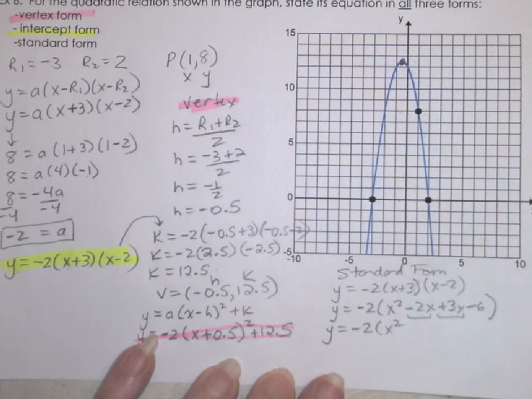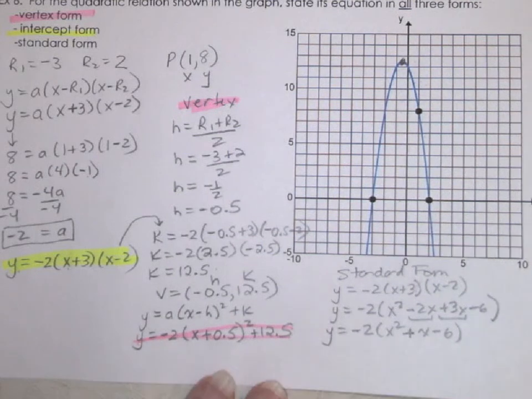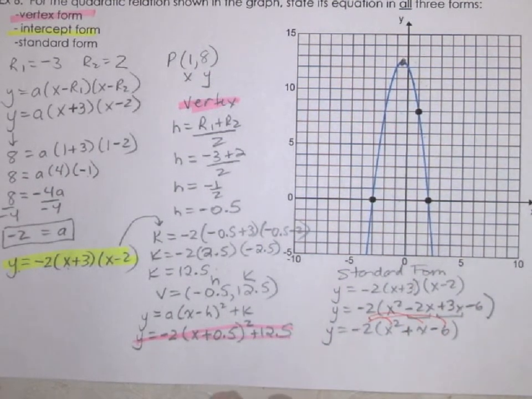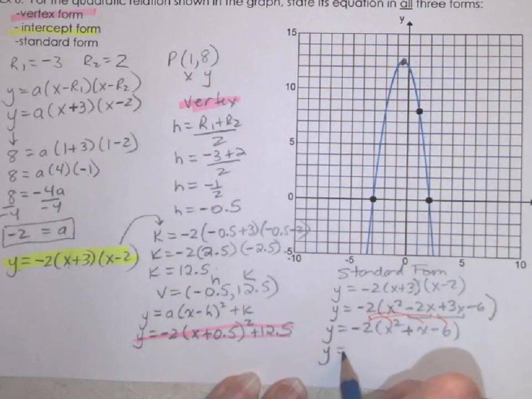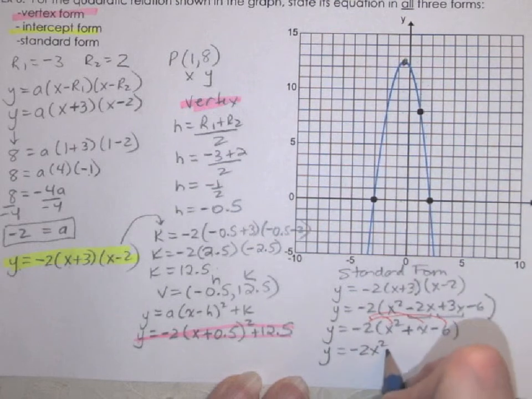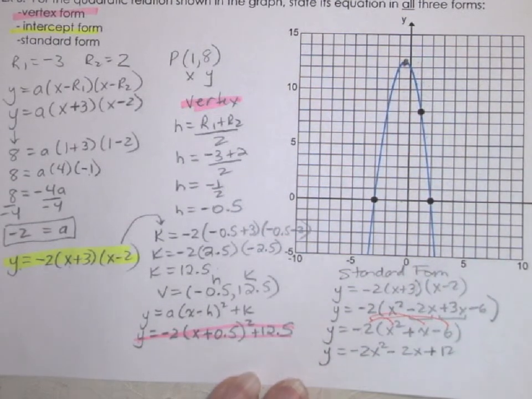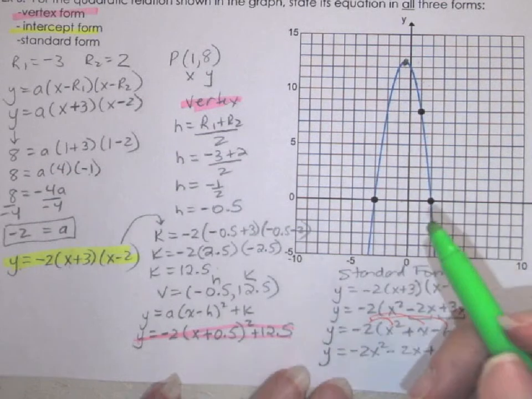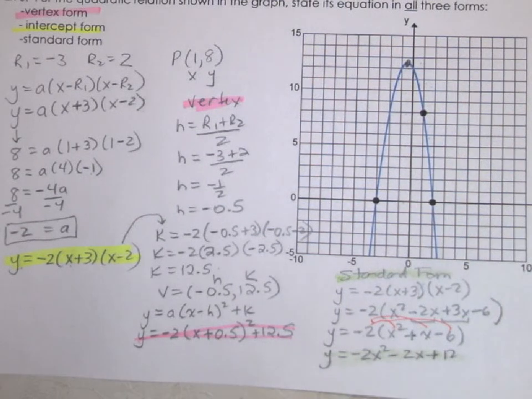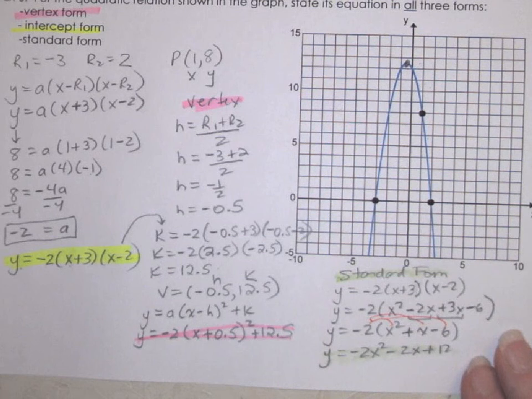Combine the like terms, so that's plus 1x, or just plus x. And then distribute the negative 2. So our standard form is y equals negative 2x squared minus 2x plus 12, because negative 2 times negative 6 is positive 12. So that's our standard form. And that's the equation of this parabola in all three forms.